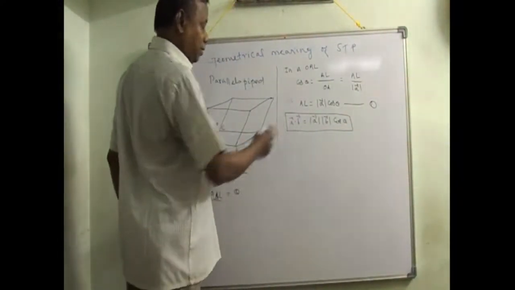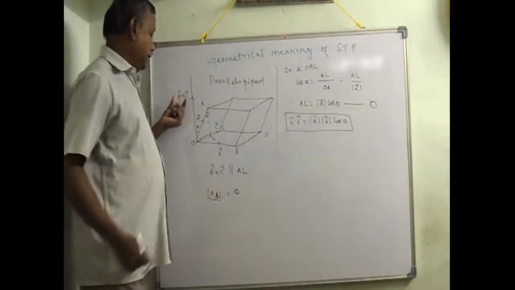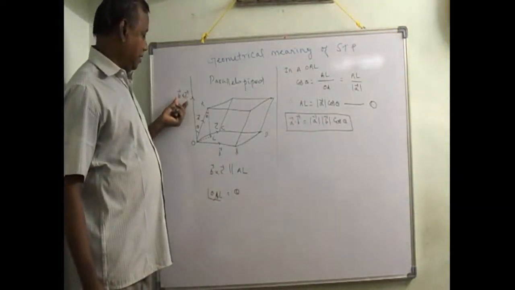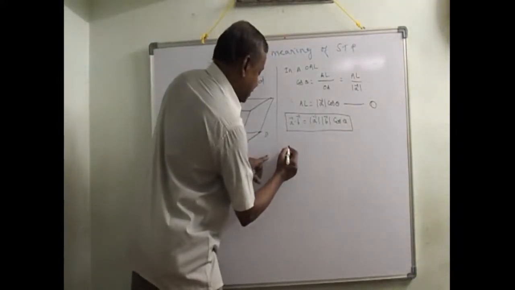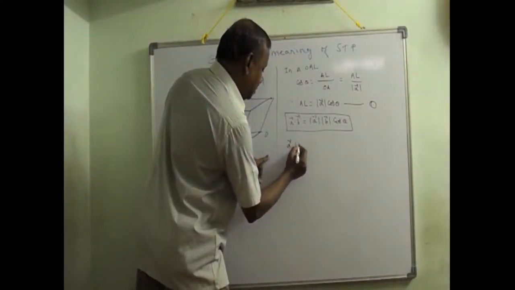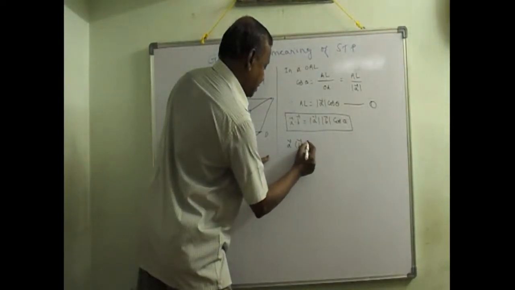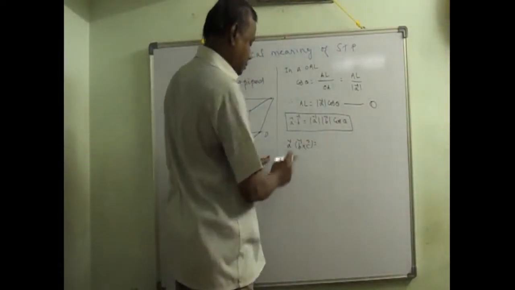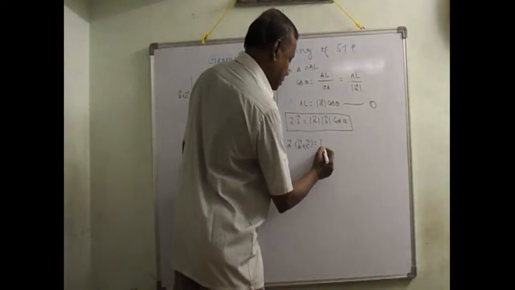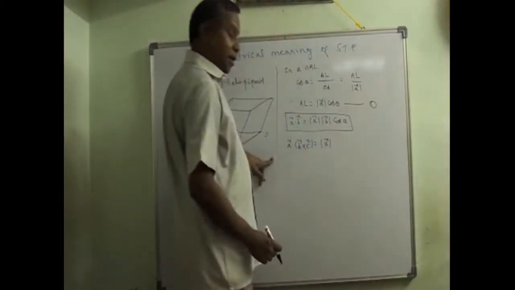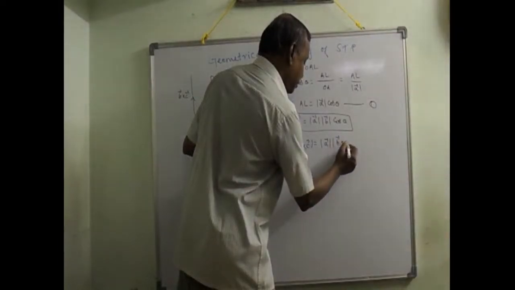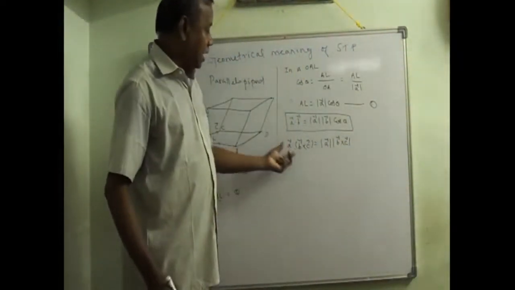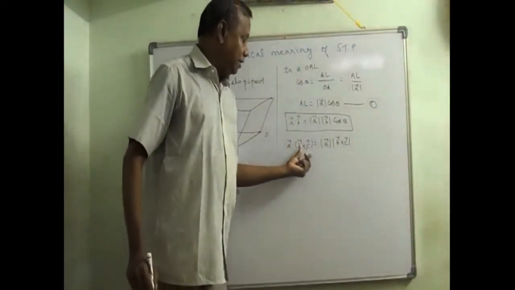By using the definition of dot product, take the dot product between B vector cross C vector and A vector. A vector dot B vector cross C vector is equal to the modulus of the first vector A, and the modulus of the second vector, that is modulus of B vector cross C vector, and cos of the angle between A vector and B vector cross C vector.